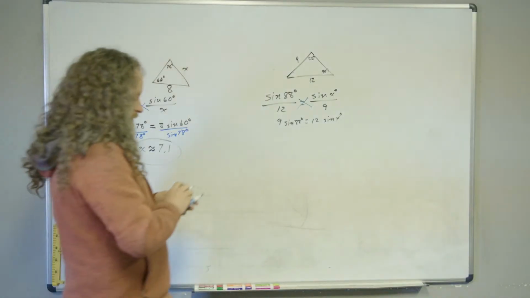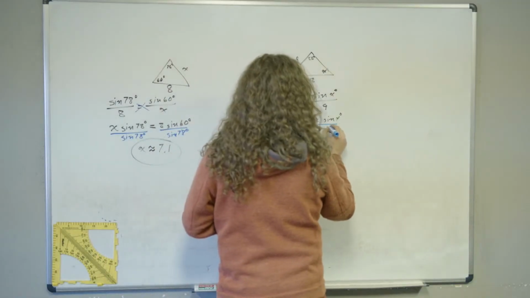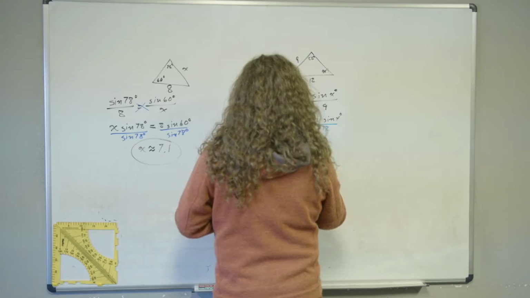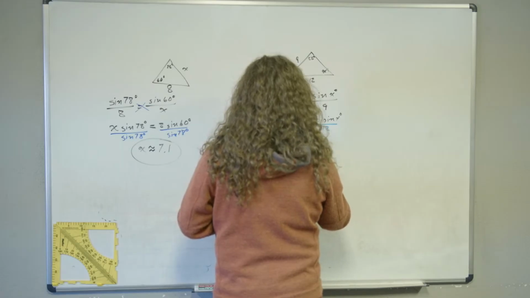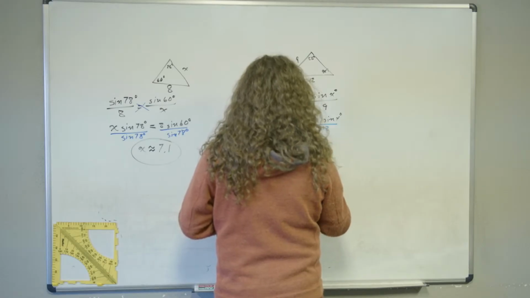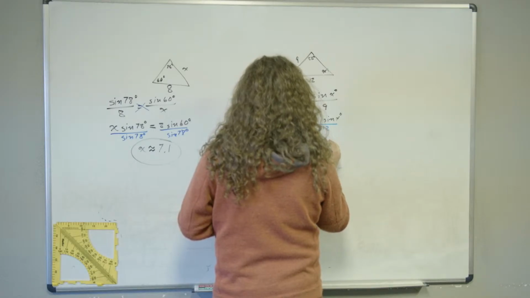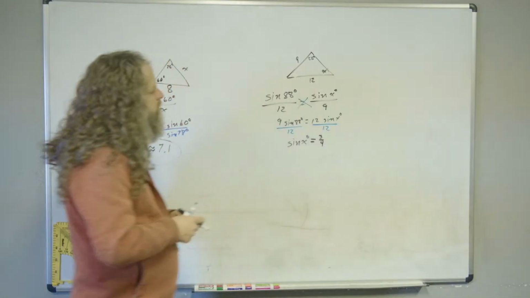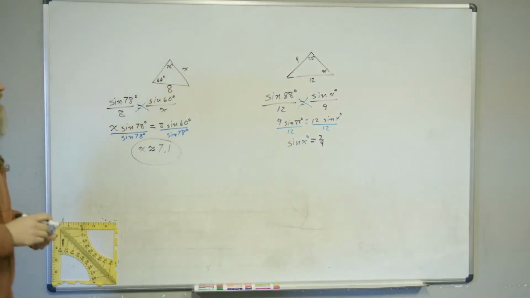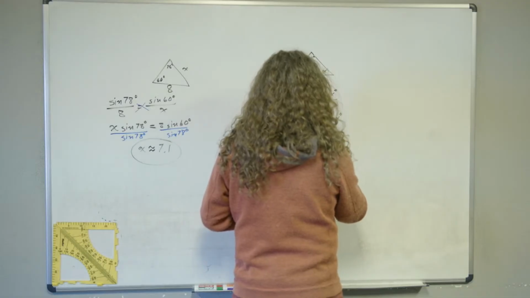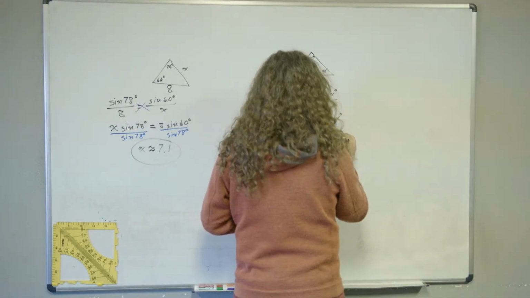Divide by 12, right? So the sine of x degrees equals 9/12, which would reduce to 3/4. Oh, times the sine of 88. Cart before the horse.